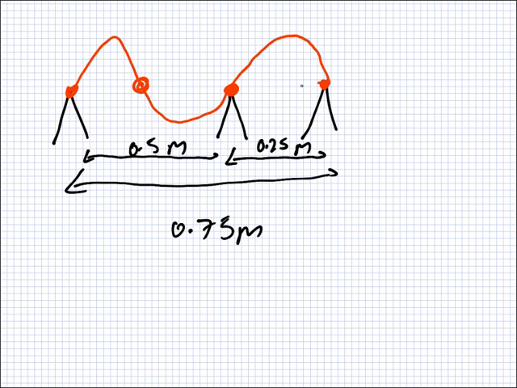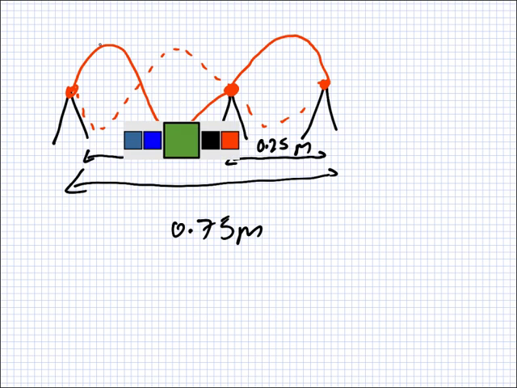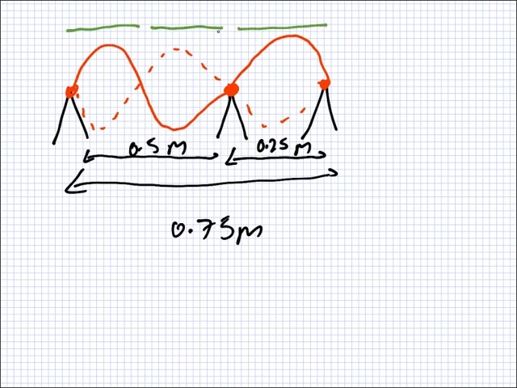You can't have this, because there's two different wavelengths. It must be. And each of these distances is 0.25. Yeah. So this is one wave here.